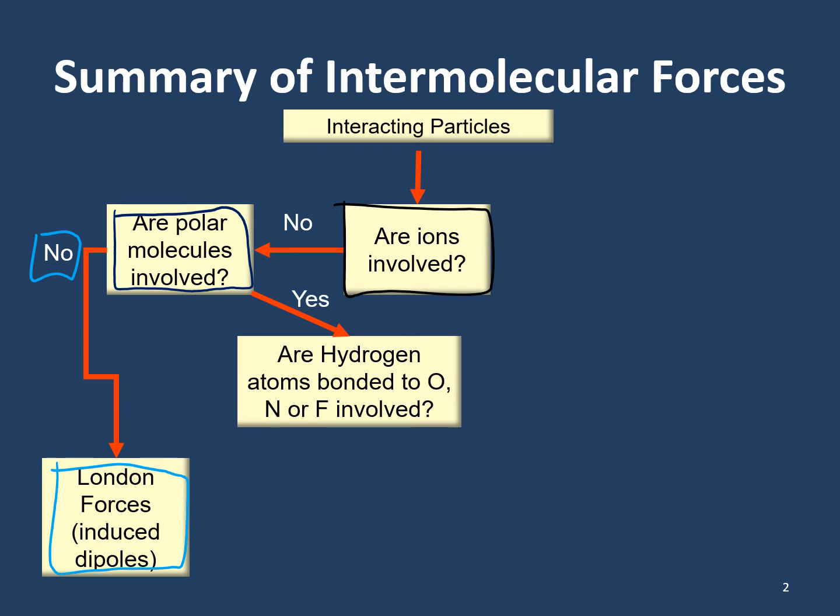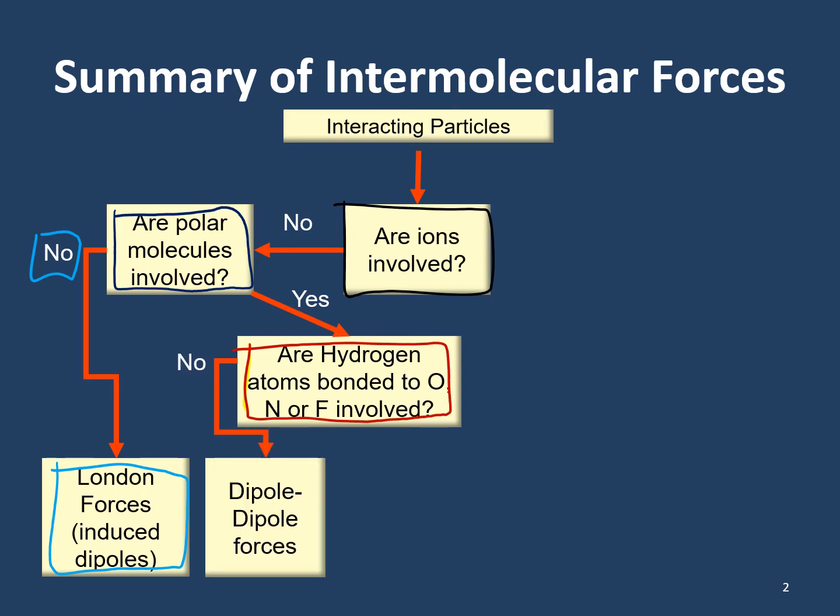However, if you answered yes, there are polar molecules involved, then we need to ask ourselves one more question. Are there hydrogen atoms bonded directly to a nitrogen, oxygen, or fluorine? And if the answer to that is no, then you have both London dispersion and dipole-dipole interaction present.